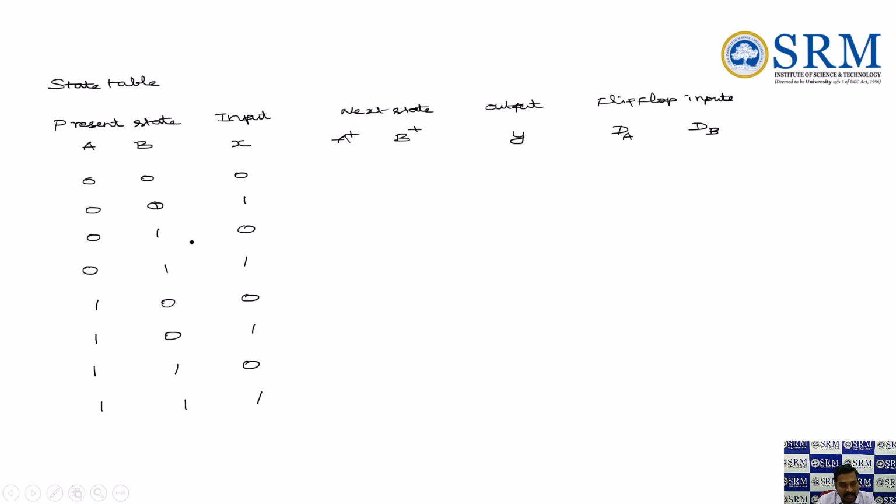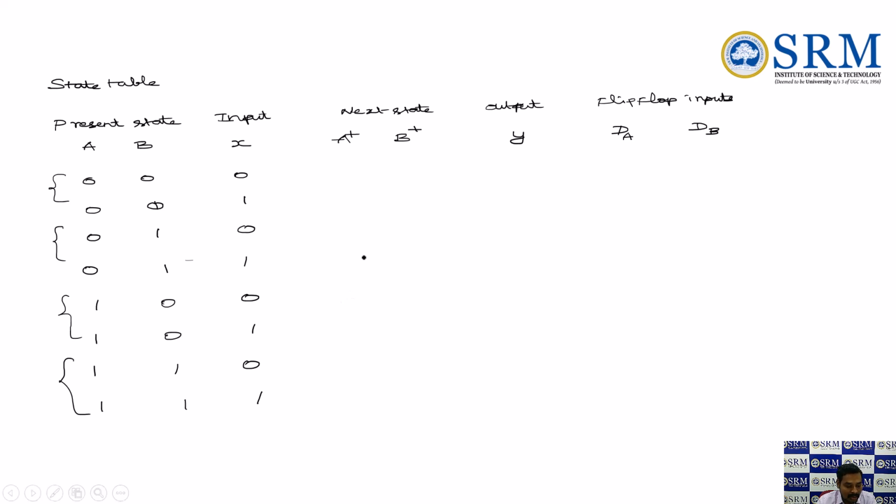Right? When my present state is 00, at that time I am going to check for both inputs. Let X be 0 as well as 1. This is our first combination. Second, this is for the third, and this is for the fourth set.